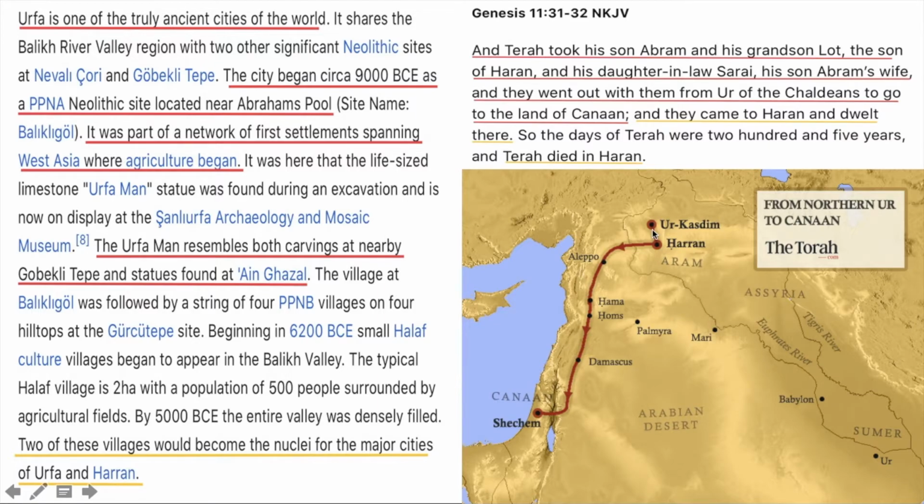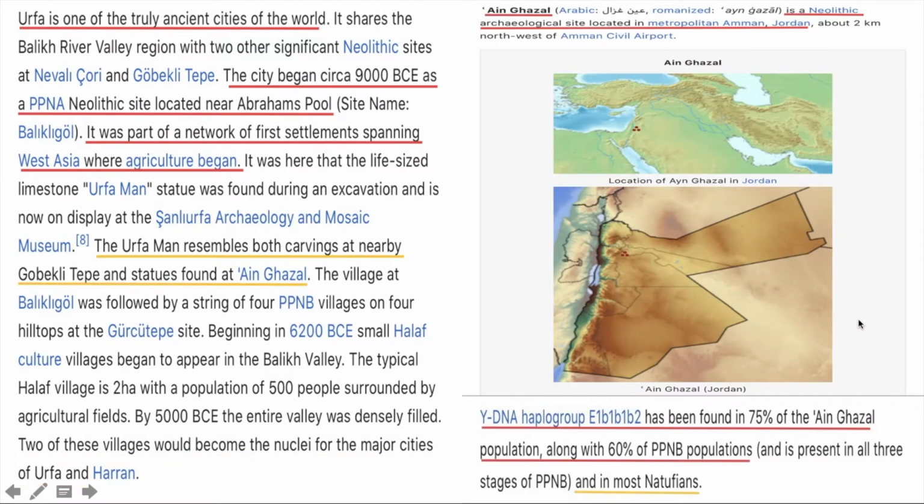These two cities would have existed around the same time in the same region, built likely by Natufians when it comes to Ur. And so the Urfa man resembles both carvings at nearby Göbekli Tepe and statues found at Ain Ghazal. Now, what's interesting about this is that Ain Ghazal is a Neolithic archaeological site located in the metropolitan Amman, Jordan.